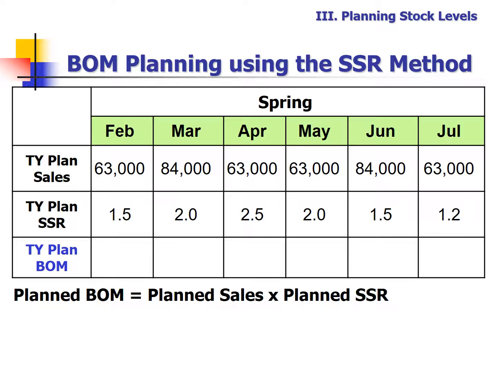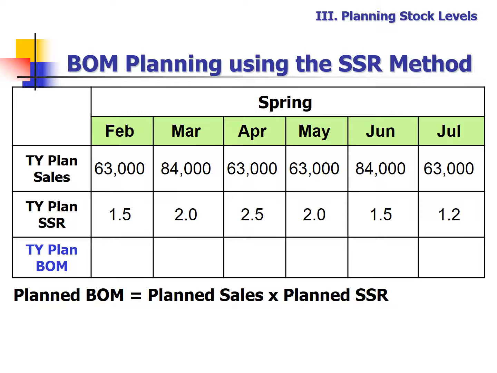Okay, so we're continuing with the example setup that we have been looking at from the sales and reductions plan before. Now that we have monthly sales planned out, the first step for planning BOM level will be to plan the SSR, right? So across the 6 months from February through July, we're going to have to plan the SSR.